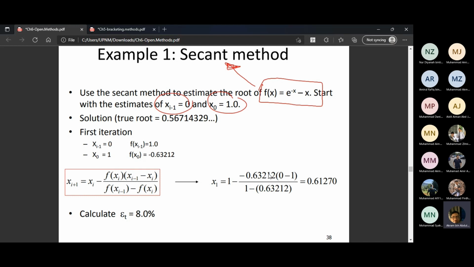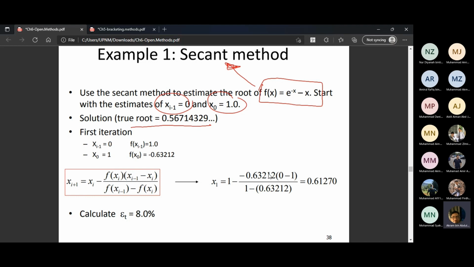And let's say we have the solution, the true root exists at 0.56714329. So let us do the first iteration. For the first iteration, our x sub i minus 1 is 0 and x sub i is 1. So we can calculate the f of each.